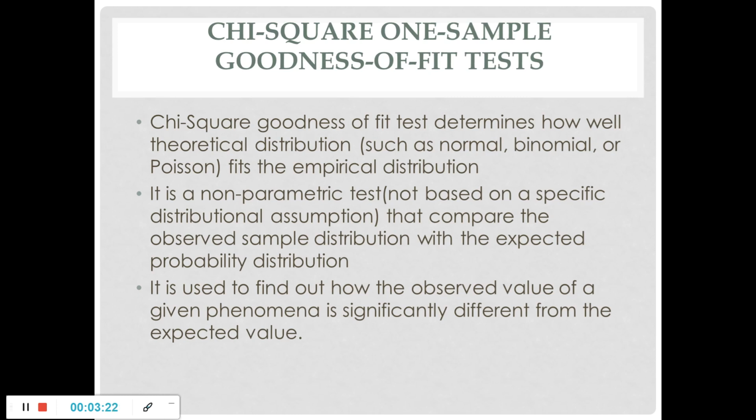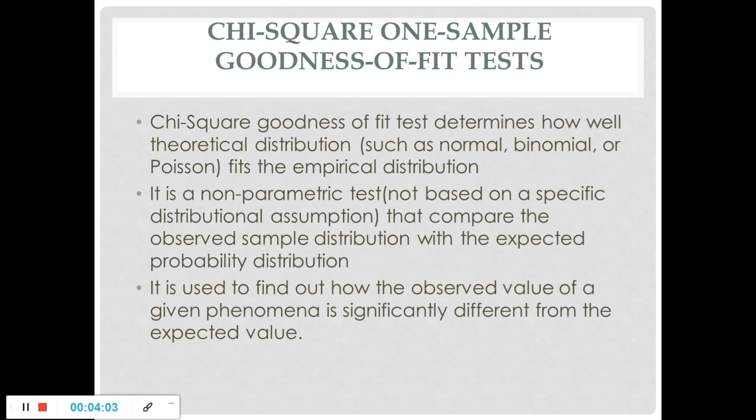Now you started flipping a coin. You flipped it, say, 50 times, and you found that you got 27 heads and 23 tails. It doesn't actually look like it follows the theoretical distribution, but you don't know at this point whether it is significantly different from the distribution of the population.